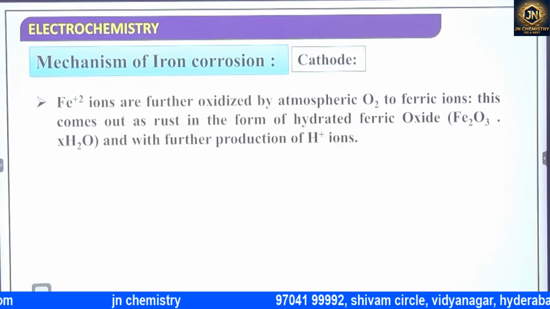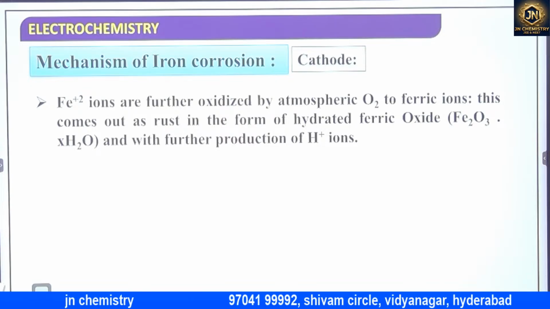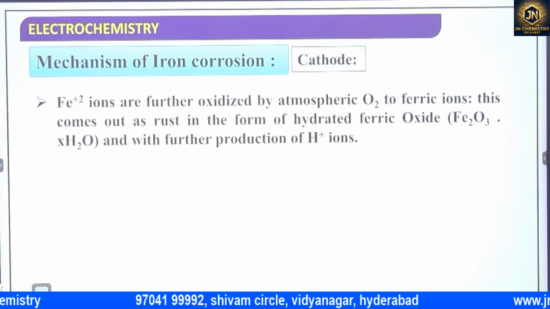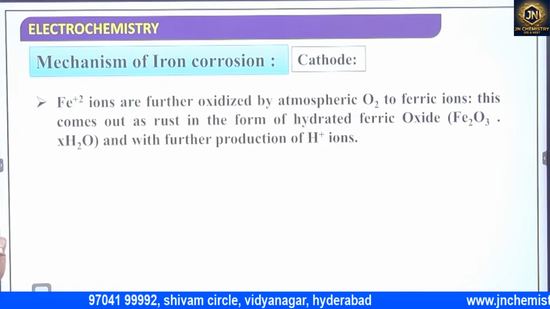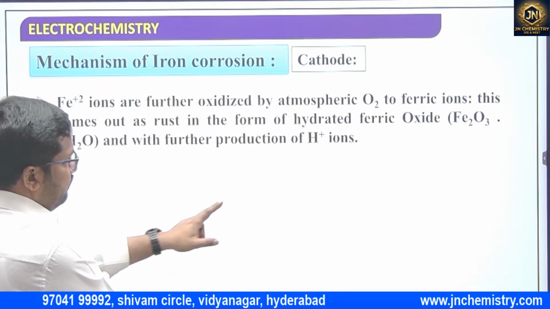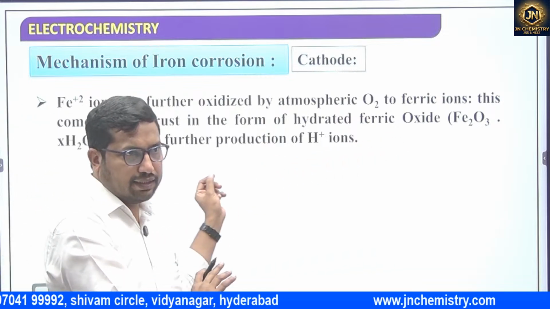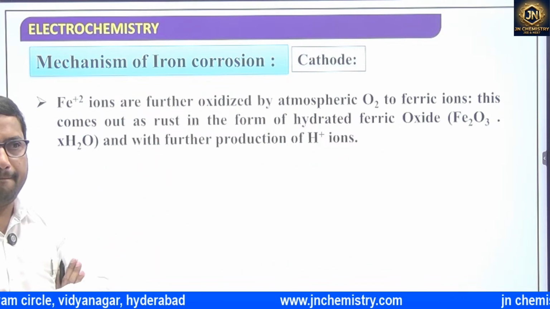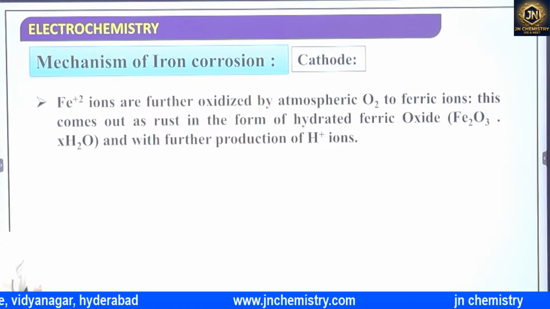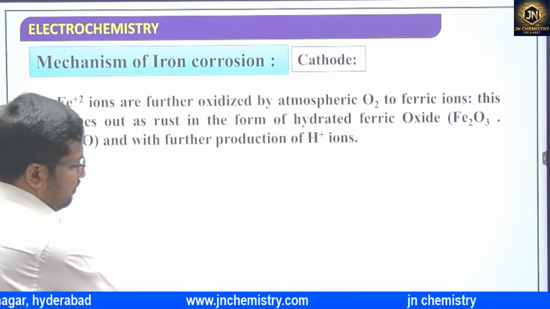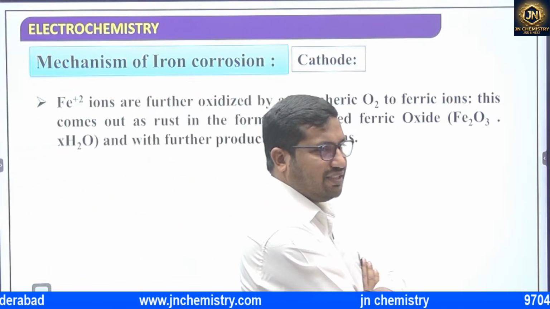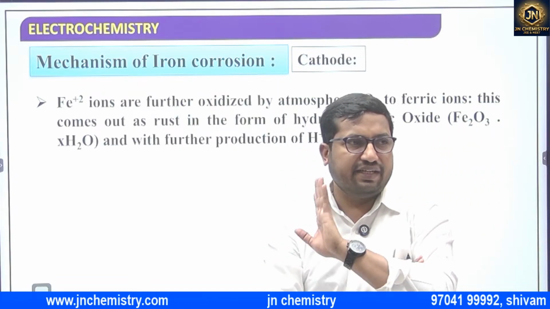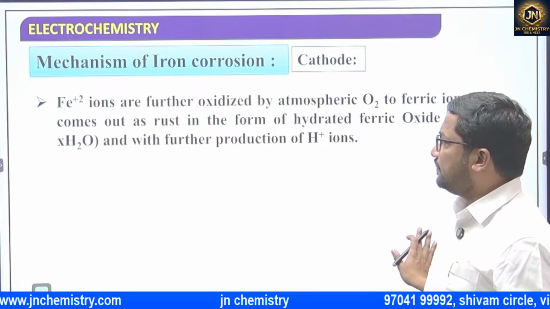This comes out as rust in the form of hydrated ferric oxide. Actually what exactly rust is, it is ferric oxide Fe2O3.xH2O. That is exactly rusting. Okay? Did you understand what rusting is? Same oxidation reduction wherever you go. Once anode and cathode are there, everything else is in our control.